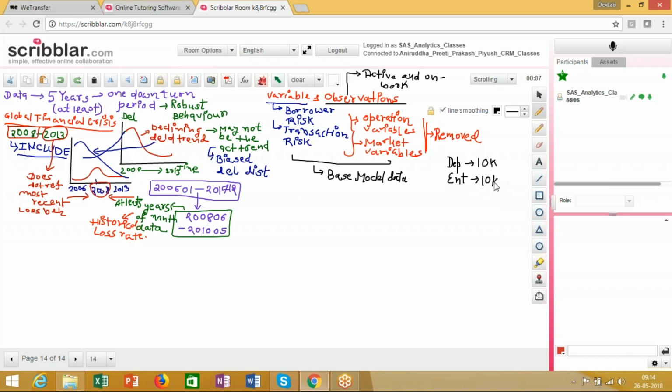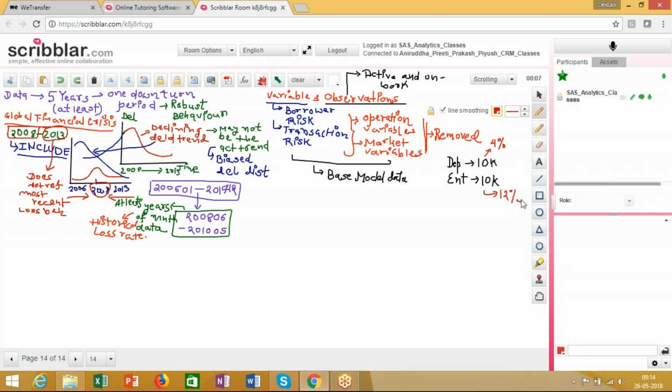Now the question that comes up is, what exactly is the profit of the bank? When the bank borrows the deposit money from the depositors, the bank pays a rate of interest, say 4%. When the bank lends to the entrepreneur, the bank lends at, say, 12%.